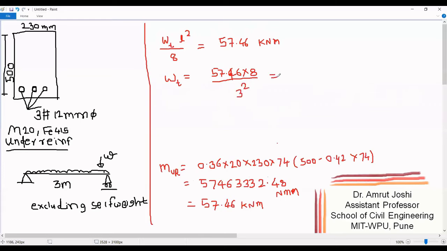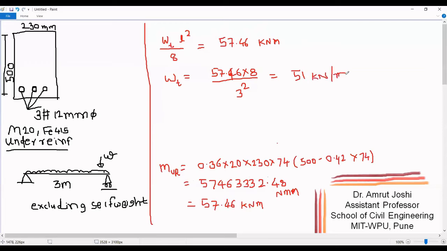So this value is going to be equal to 51 kilonewton per meter.